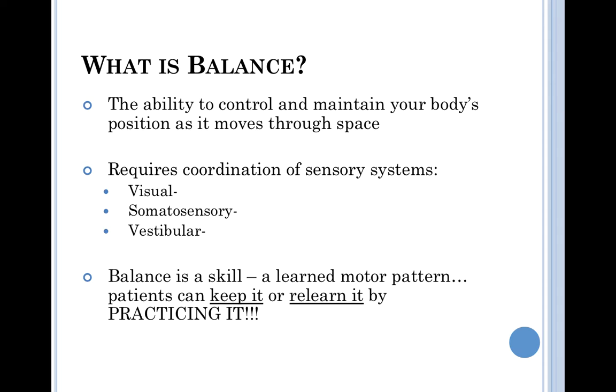And lastly, your vestibular system provides information on the position or movement of your head as you move and change positions. So most importantly, balance is a skill. It's a learned motor pattern, and your patients can keep it or relearn it by practicing it. So don't let them think that just because they've always had poor balance that they can't do anything about it.